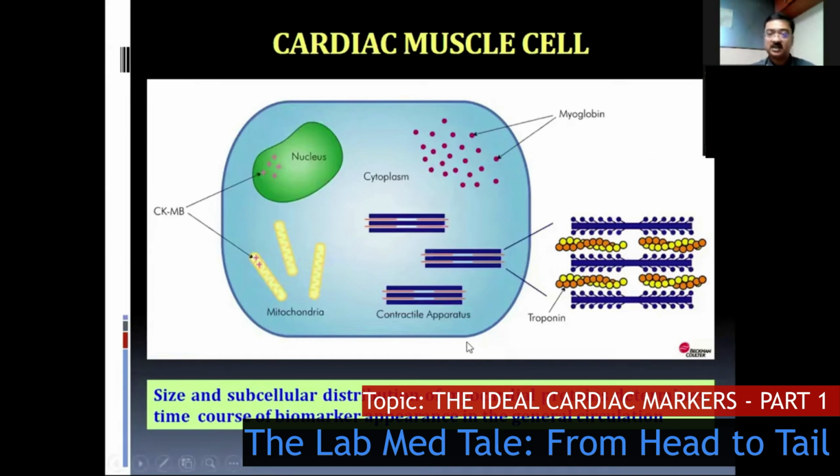These markers are mainly present in the cardiac muscle cell. When the cell is injured, they come to the blood and become visible in the serum. That gives them diagnostic importance, and that is why different markers come up at different time periods.